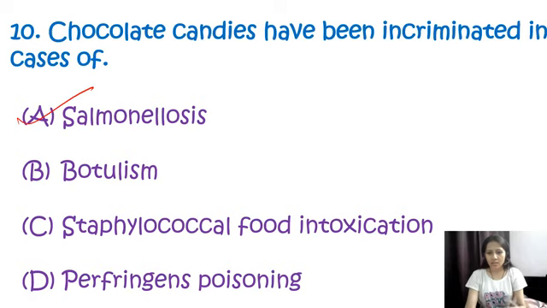Next, this pharyngeal poisoning is typically associated with improperly cooked, or uncooked, or not well stored meat and poultry dishes. So these are also not associated with chocolates. So over here, my correct option should be option A, that is salmonellosis.